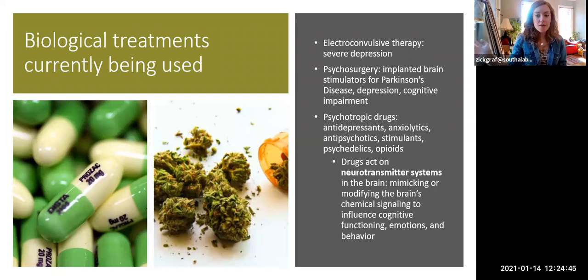So as we'll talk about in subsequent lectures, these drugs act on neurotransmitter systems in the brain. Neurotransmitters are the way that cells in the brain and different brain regions communicate with each other and cause our behaviors, thoughts, and feelings. So the biological treatments that we use are all aimed at influencing the functioning of neurotransmitter systems, replacing lost function of neurotransmitter systems, or modifying the functioning of neurotransmitter systems.